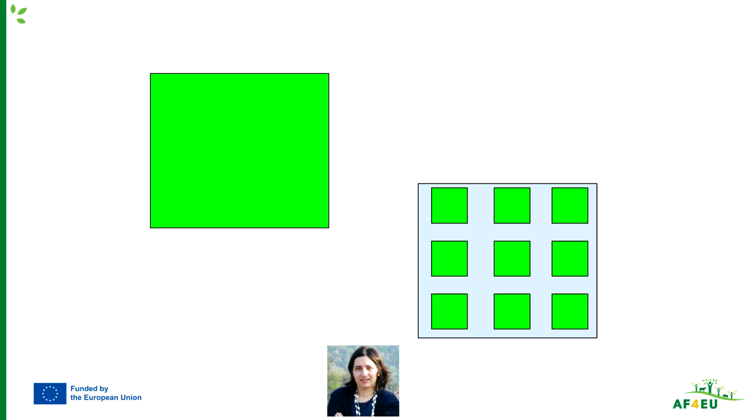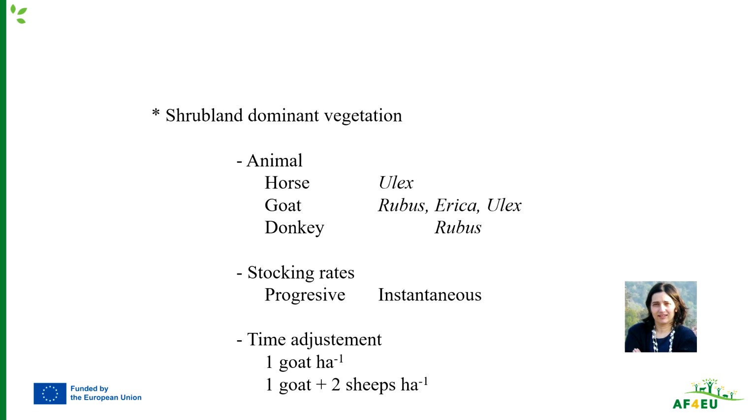and at the same time allow animals to facilitate their transit across the plot and consume the shrublands from outside, from these corridors to inside.